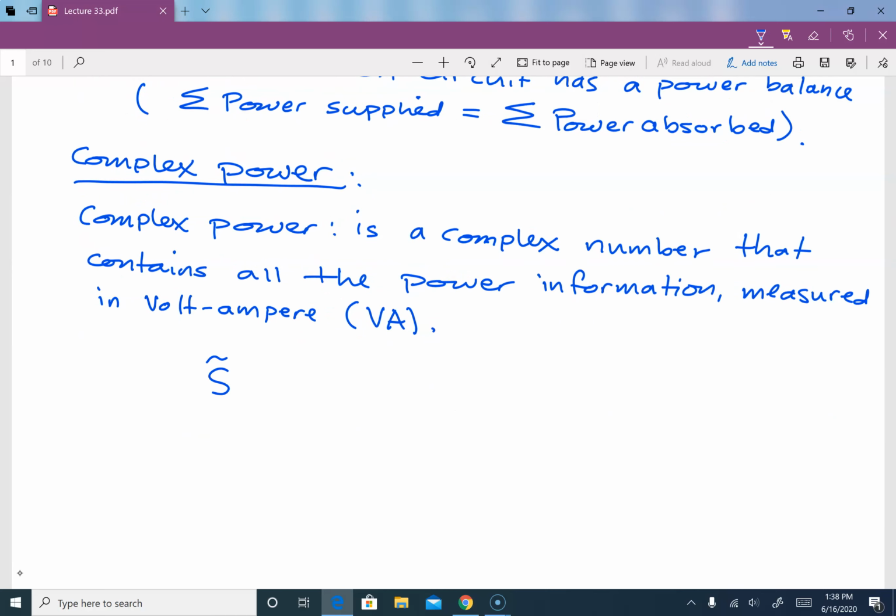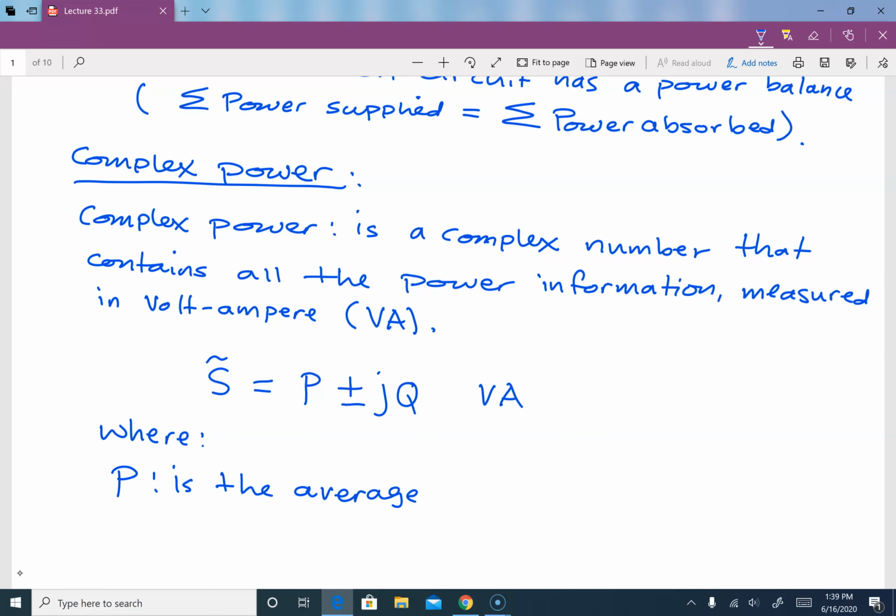So our complex power, which is a complex value, that's why we have a tilde at the top of it, while in your textbook you will have a bold letter, is equal to P plus or minus jQ, where P in this equation is the average power, which is the real part of the complex power.